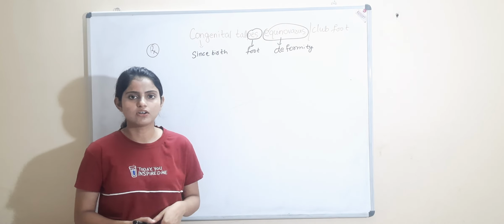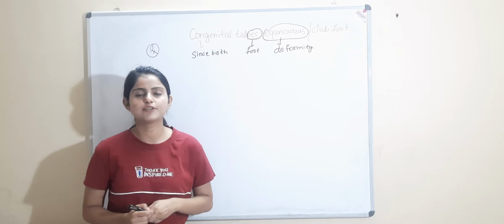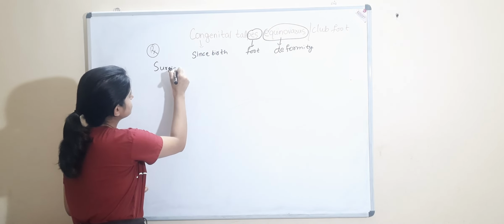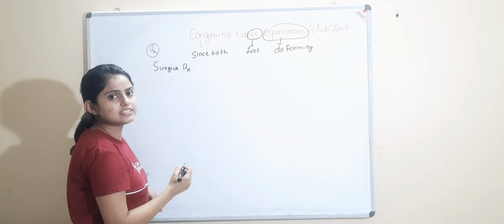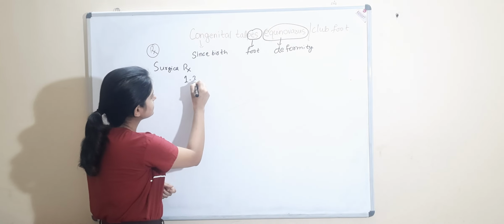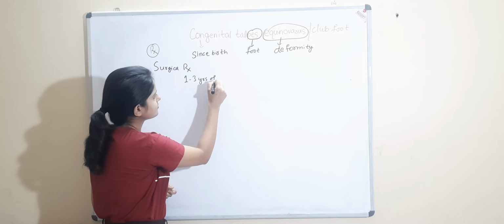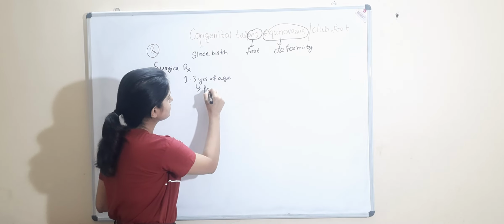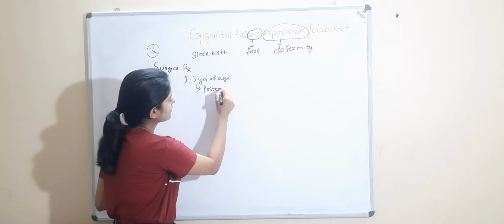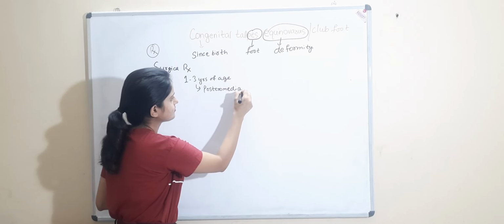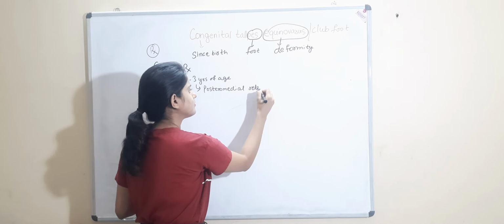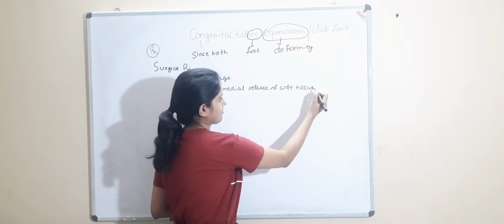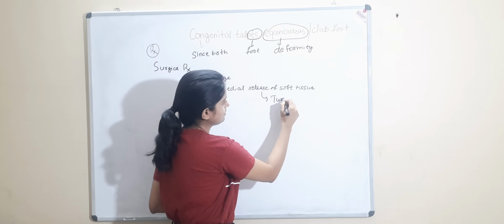Now, if recurrence occurs or conservative management fails, then we have to go to surgical treatment. If the child is of 1 to 3 years, then we have to perform posterior medial soft tissue release, which is called Turco operation.